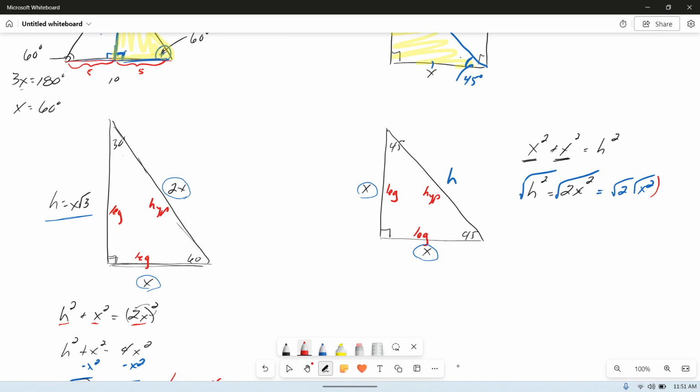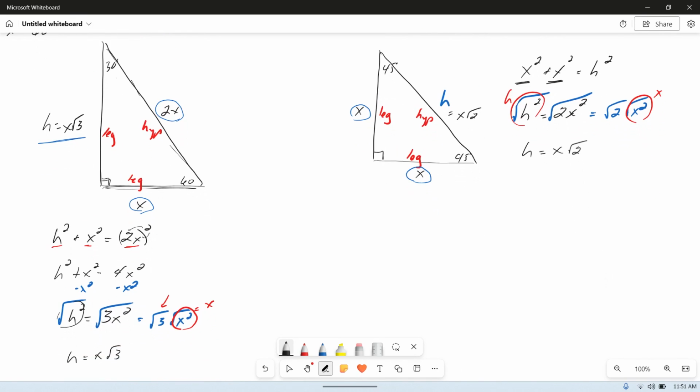The square root of x squared is x, and the square root of h squared is h. So h is equal to x times the square root of 2. So the hypotenuse here is always going to be x root 2.